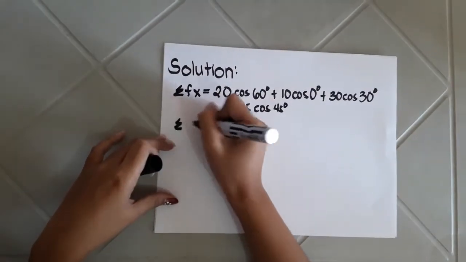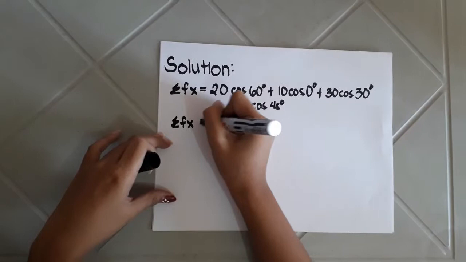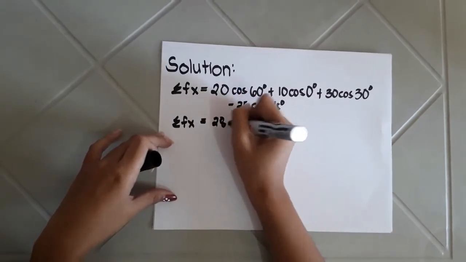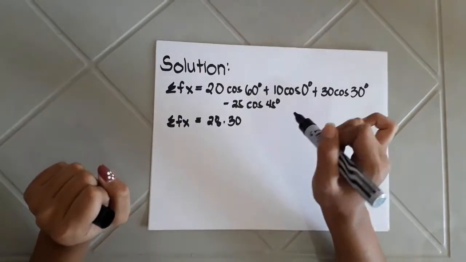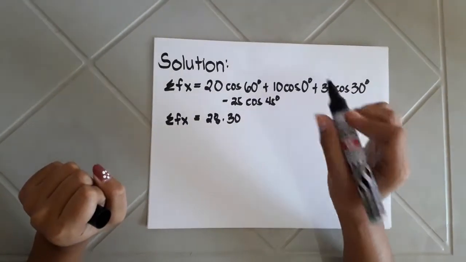So the summation of F sub x is equal to 28.30.